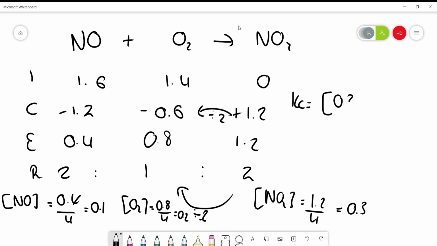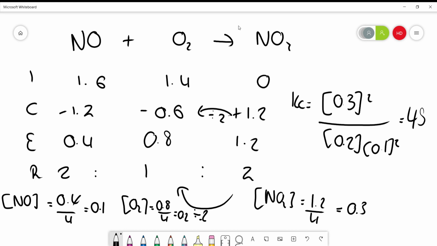So 0.3 squared over 0.2 times 0.1 squared should give you a final answer of 45. Just make sure you've got your units. You've got 1 over mole dm to the minus 3, which is mole to the minus 1 dm cubed.